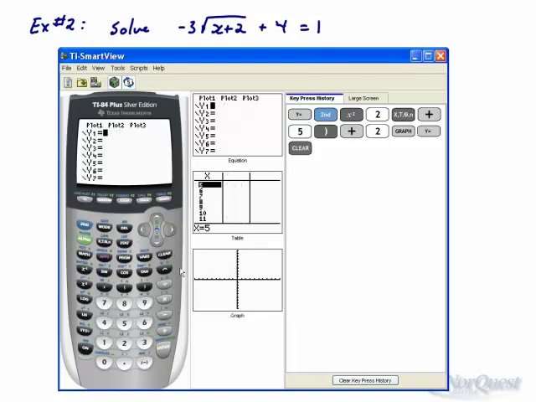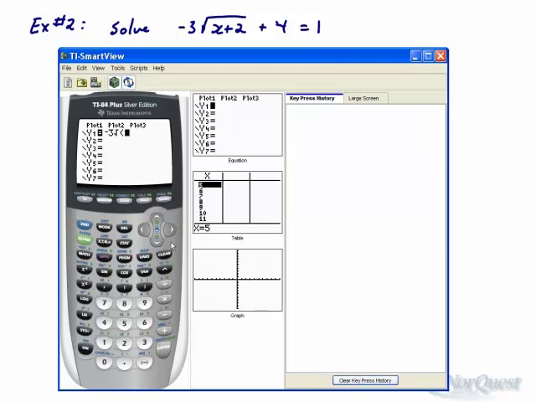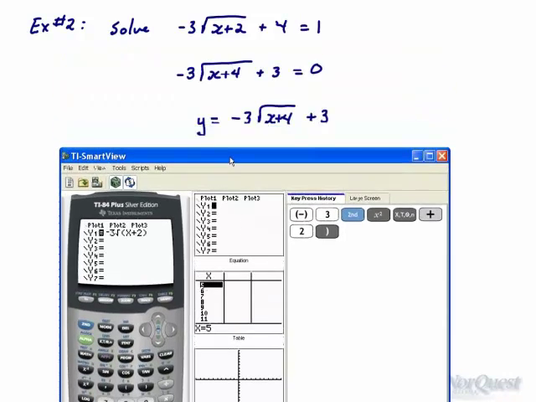So clear the original equation. Let's enter in negative 3, second function, square root. Actually, I'm going to clear my key history here. Start over again. Negative 3, second function, square root x plus 2. Close the bracket. Do not forget to close your brackets in this case.